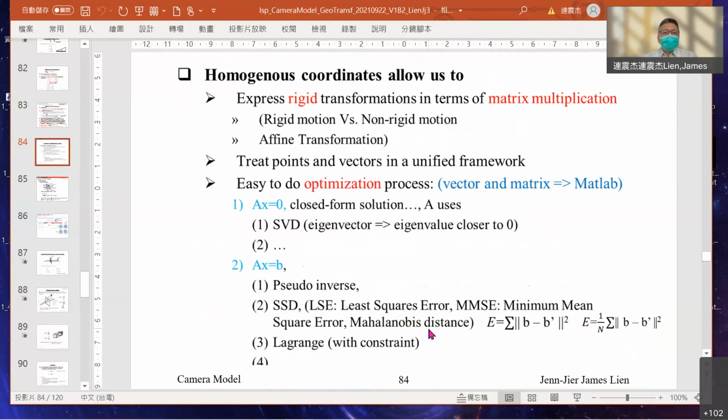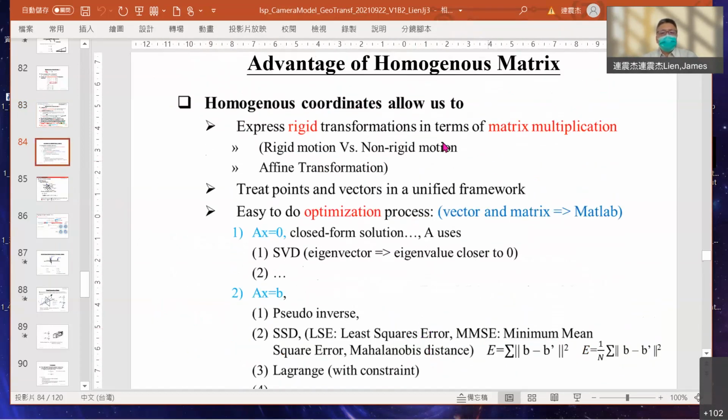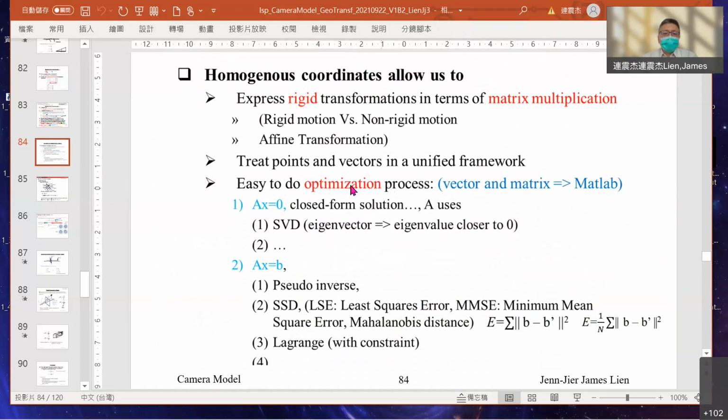After that, we talked about how, based on the homogeneous matrix, we can solve the unknown parameters. We call this the optimization process. Basically, there is a closed form solution, the pseudo inverse, where we try to solve a sum square difference problem.